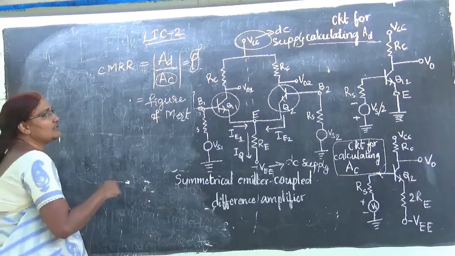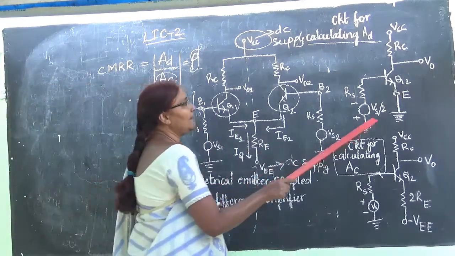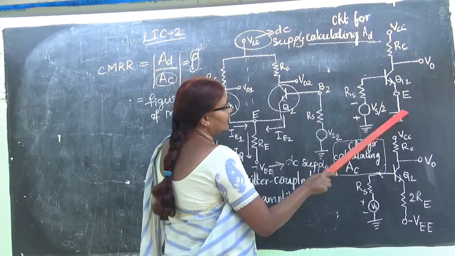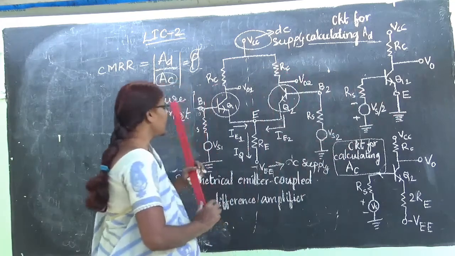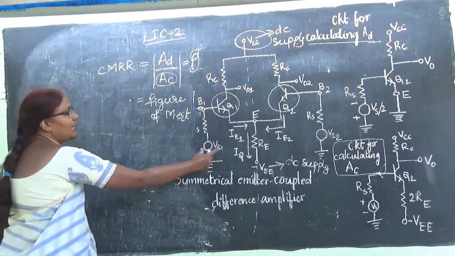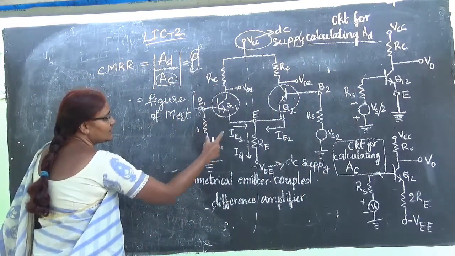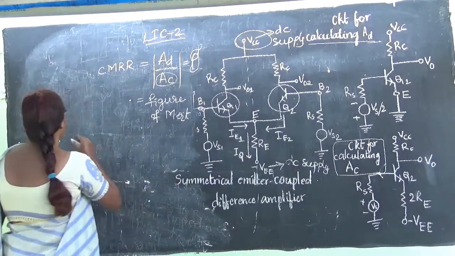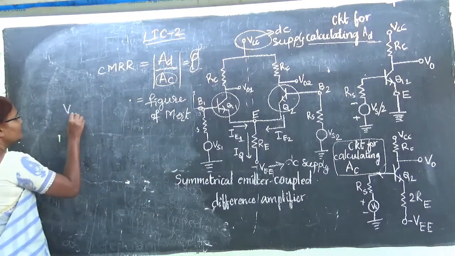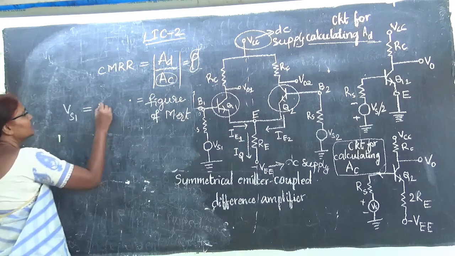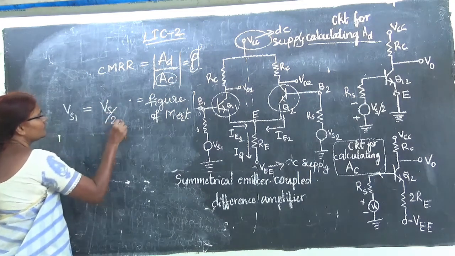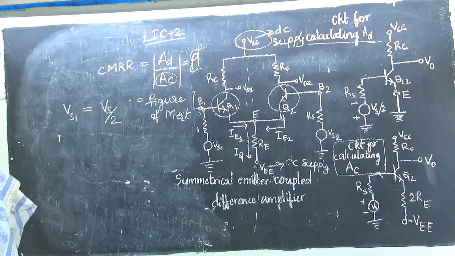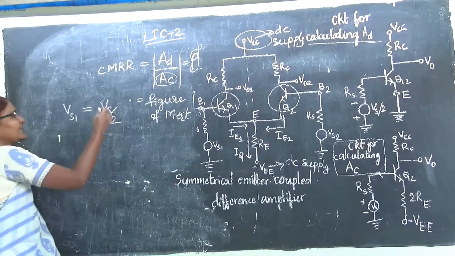So first we are going to take the first condition. My input for this transistor Q1 is Vs1. So Vs1 is equal to Vs by 2. I have taken that, and I will explain why I have taken Vs by 2.